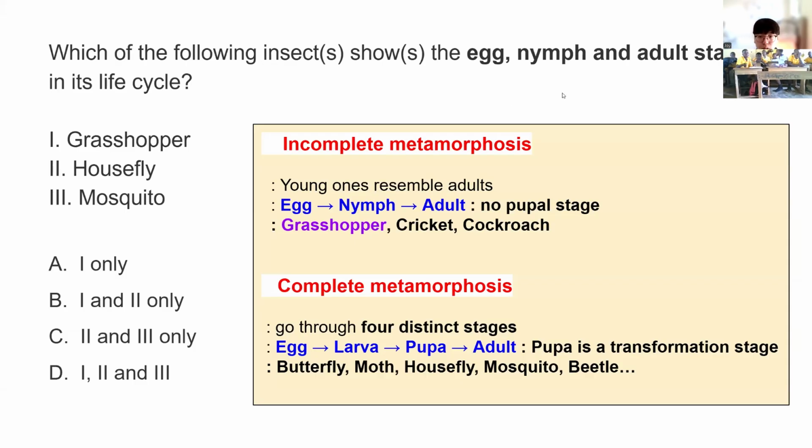Now, yeah, let's move on to this question. Which of the following insects show the egg, nymph, and adult stages of its life cycle? So we're looking at these three steps in the life cycle.